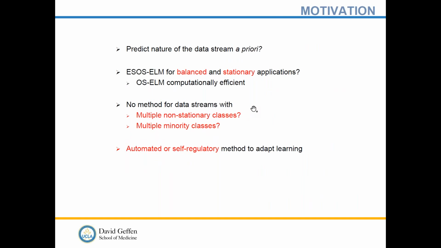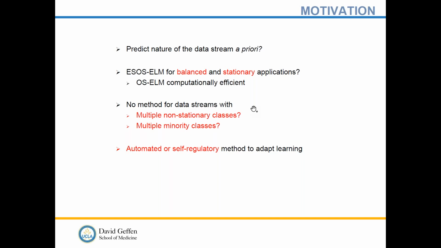For example, if we are given an imbalanced data stream and we know that there is concept drift, we can apply ESOS-ELM. But what if the data stream is balanced or stationary, or what if it's initially imbalanced and later becomes balanced? So we don't know if ESOS-ELM is the ideal method to use in such environments.